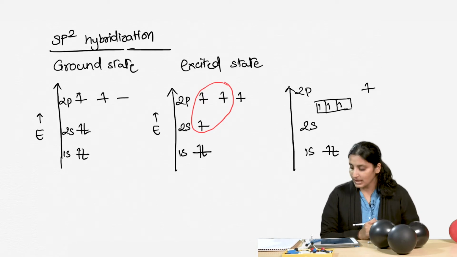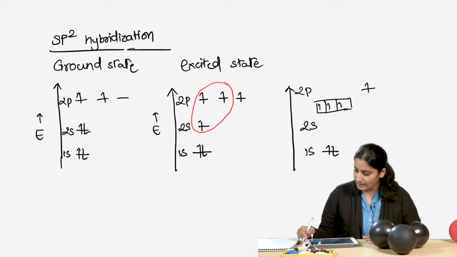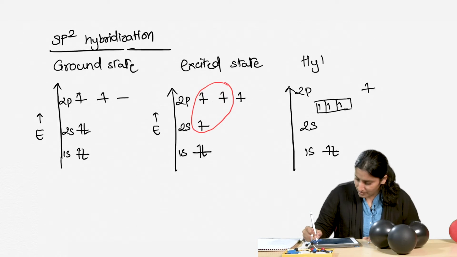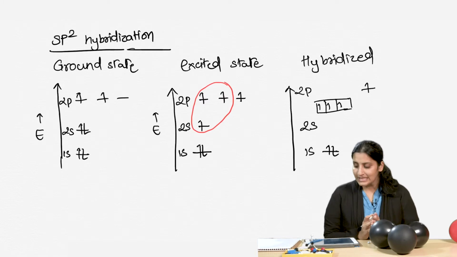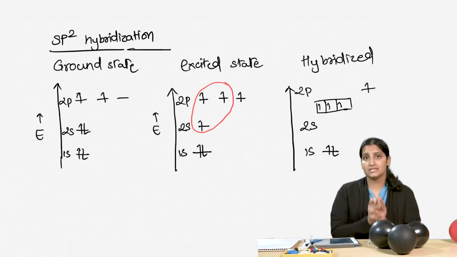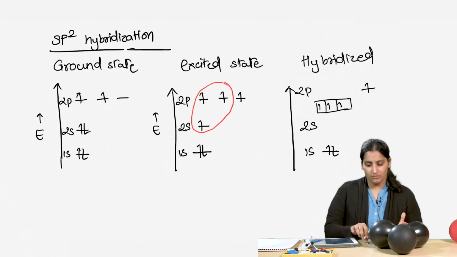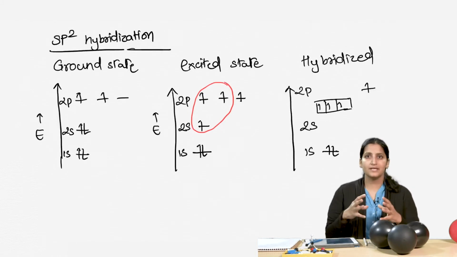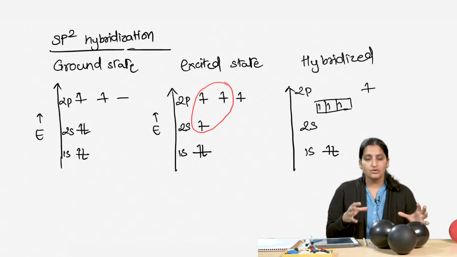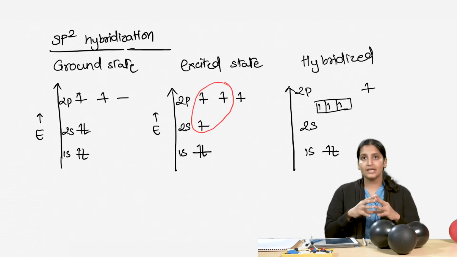So, if you see the electronic configuration in the hybridized state of sp2 hybridization, you can see that there are 3 sp2 hybridized orbitals and there is also one electron in one of the p orbitals that did not take part in hybridization. So, now how does this particular hybridization look like? You can imagine that now there are 3 sp2 hybridized orbitals.